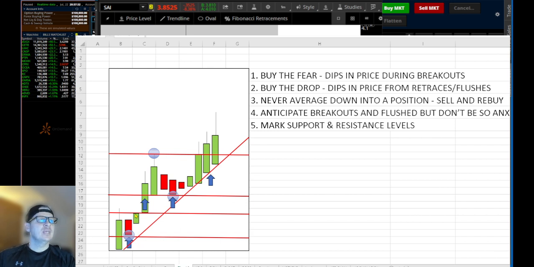Okay. So again, a lot of my focus for the last couple of years has been anticipating breakouts, right? This is another strategy where I'm not solely relying upon my ability to catch the breakout, like this spot right here.